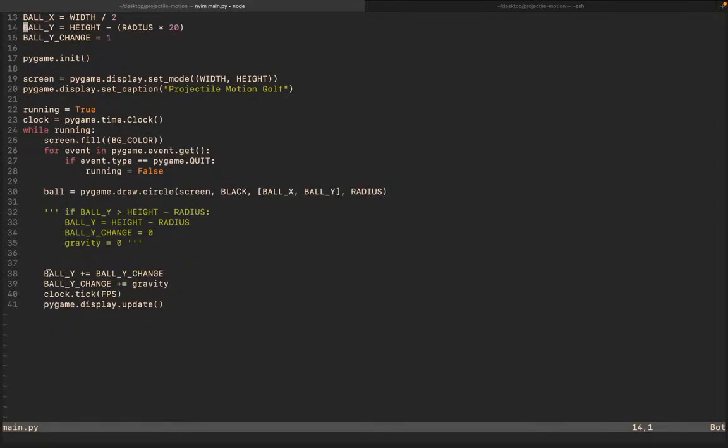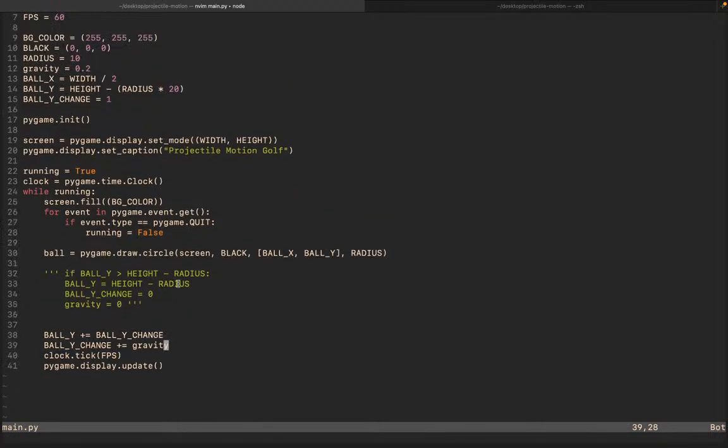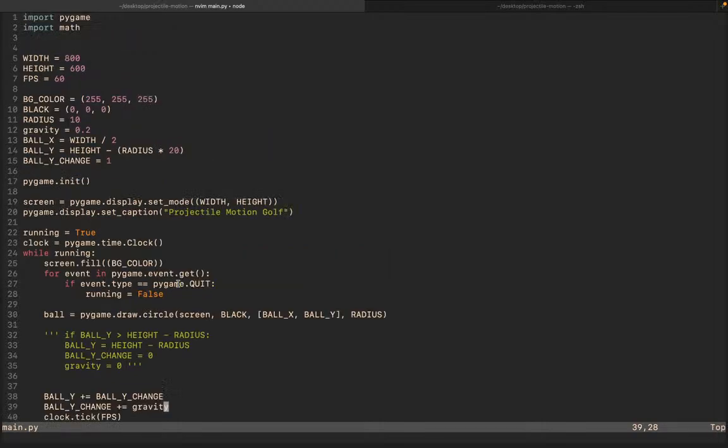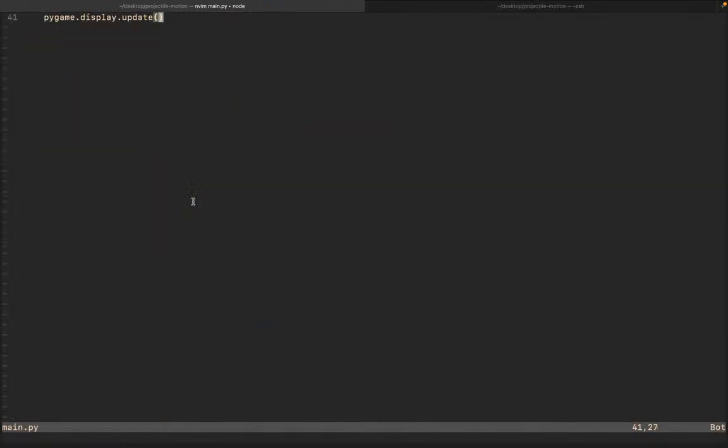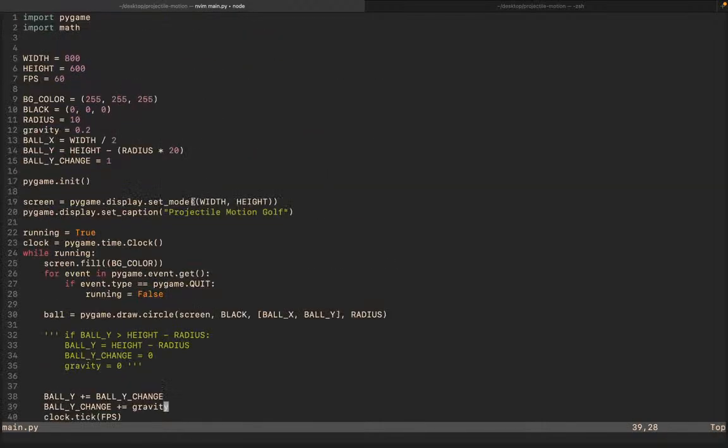It shouldn't. So ball y plus equals ball y change, and I'm doing this too. So let's say the screen is 400, no, it's 600. So let's say ball y starts at 300. I want it to go towards 0, so I want it to change by -1 every second.